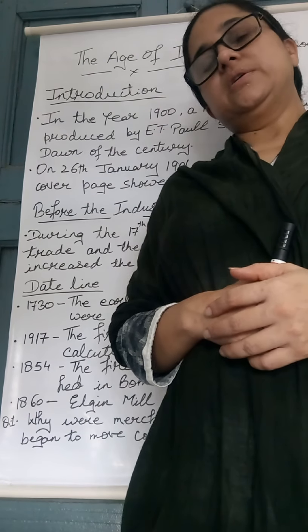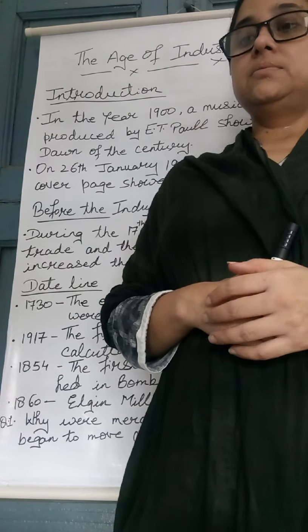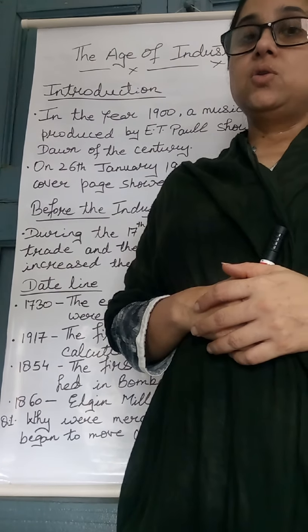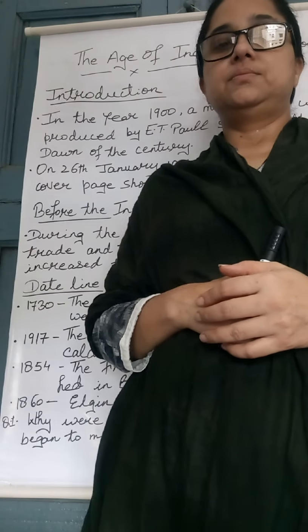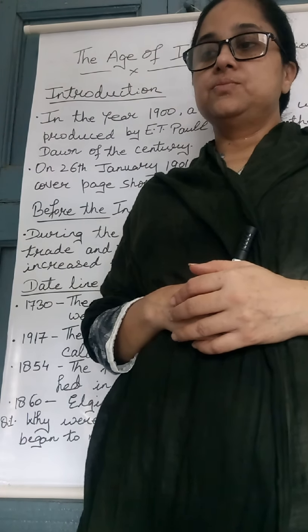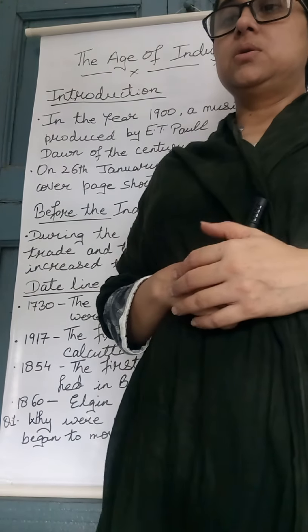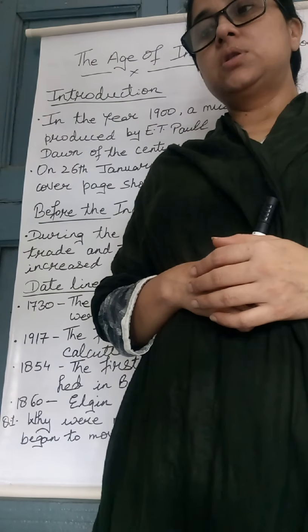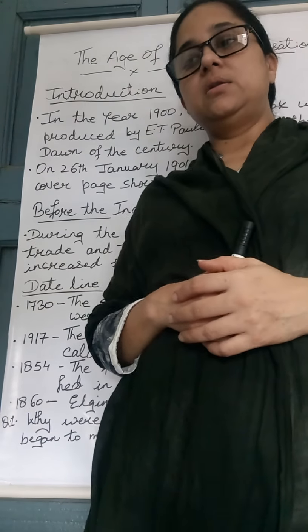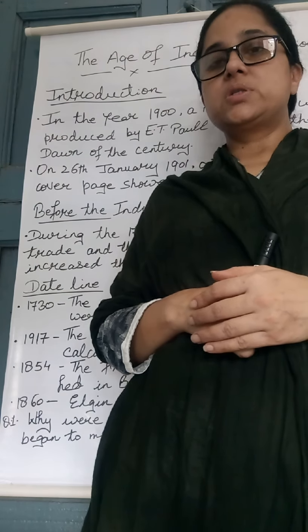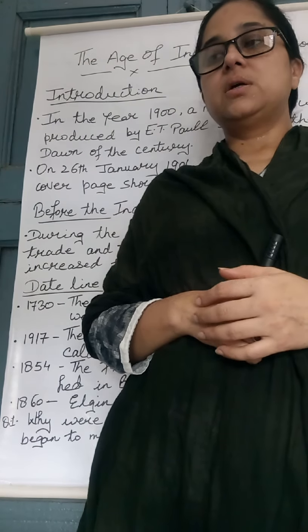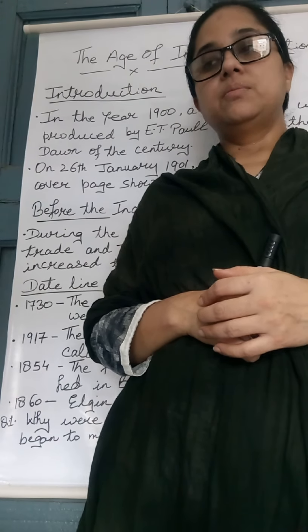During this period, London came to be known as the finishing center, because the finishing work of the cloth was done in London before it was exported to the international market.